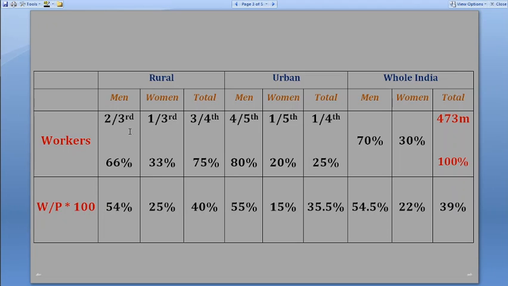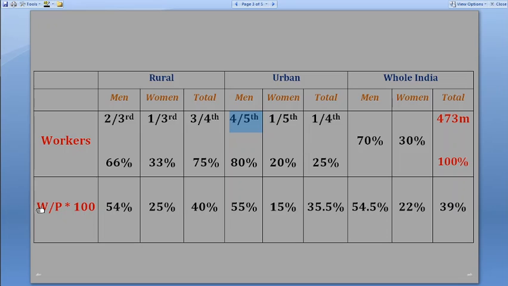If you talk about men, in rural areas, two-thirds are men, and one-third are women. In urban areas, four-fifths are men, that is 80%, whereas women are only one-fifth in urban areas. So that is the point we've discussed. I just list it out here.